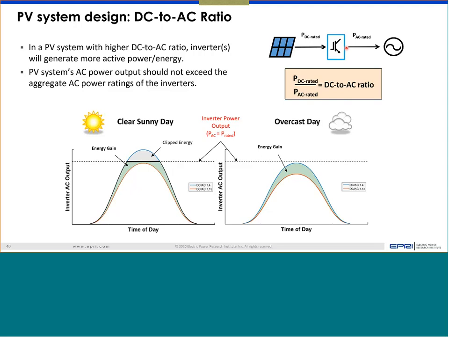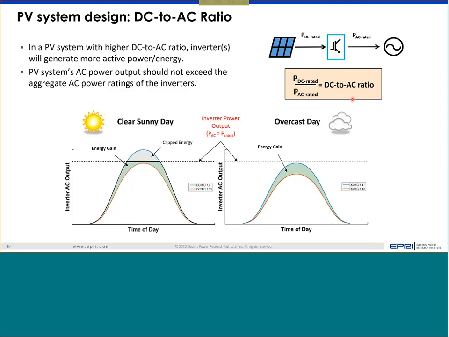Even maybe 5-6 years ago, a ratio of 1.1 or 1.2 was normal because of the DC losses and other things. But now I have heard 1.4 to 1.6 is pretty common, 1.4, 1.5. In some cases I even heard 1.8, even 2x the DC size.